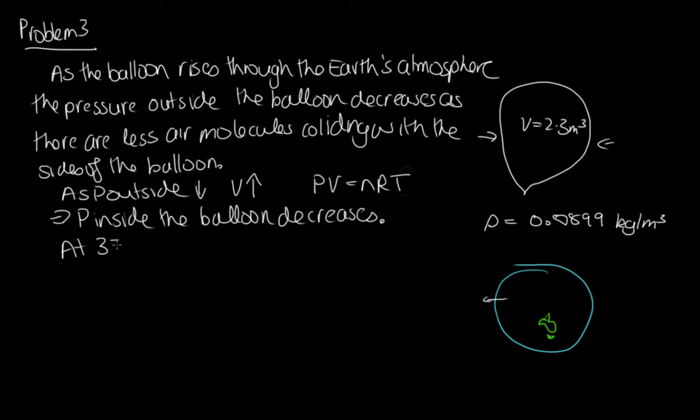At 33 kilometers, it's going to do that simply because the volume of the balloon is increasing, and there's a limit to how much the volume can increase because the surface is made of rubber or some other material, and when that gets spread out too thinly, it's going to rupture and pop.